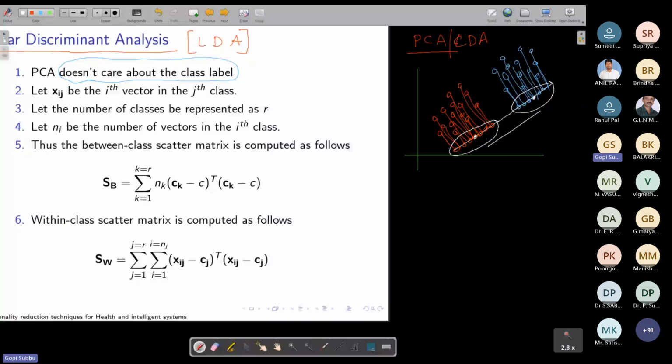Here we have two requirements. In both cases, it is after projection only.